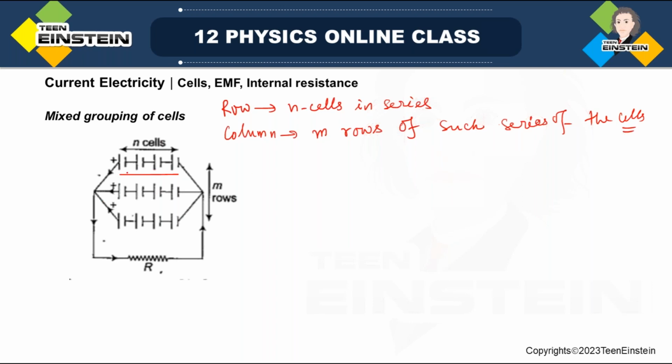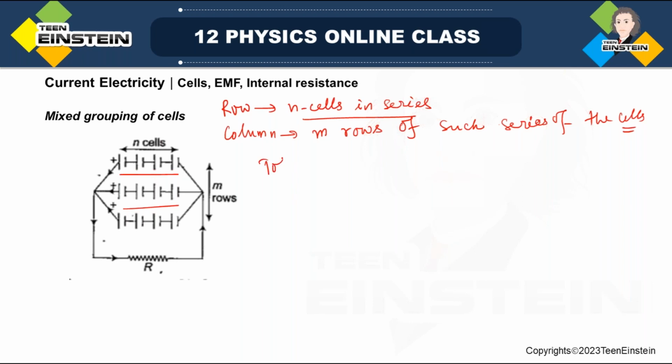That means I have m rows and n cells in each row. I have rows like this, and suppose I have a single column. In the single column, how many rows are there? M rows are there, and each row has N cells.